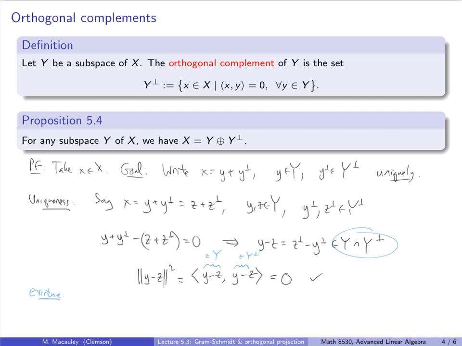So what I will do is start with an orthonormal basis of Y. And we know we can do that by the Gram-Schmidt process.